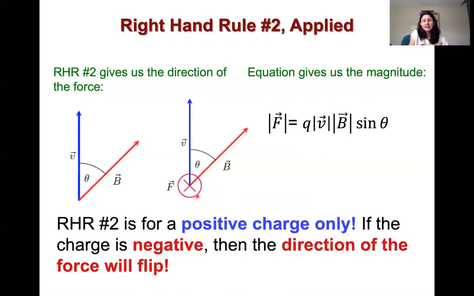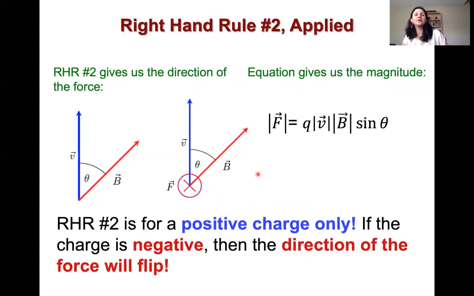So to use the right-hand rule, you would still make these two fingers perpendicular. It's just keeping in mind that what you're thinking about is not B, the direction of B itself, but the direction of B sine theta, that component which is perpendicular. So you don't need to worry about readjusting your fingers because the angle is not perpendicular. You always treat them as if they're perpendicular when applying the right-hand rule.